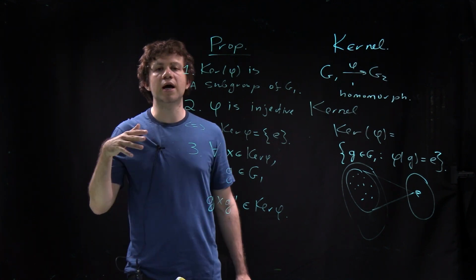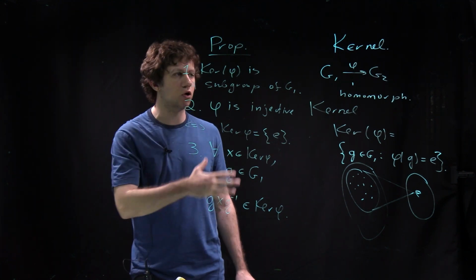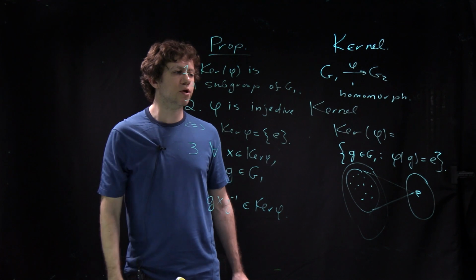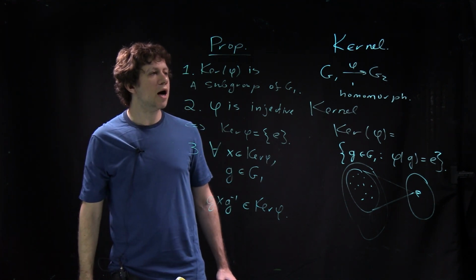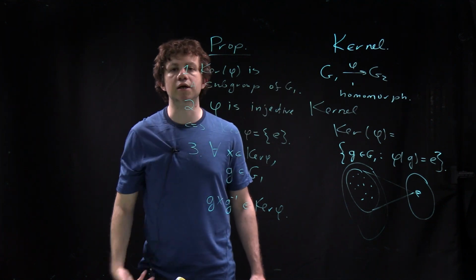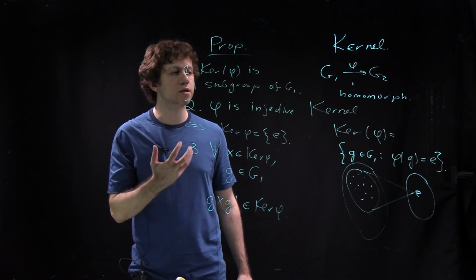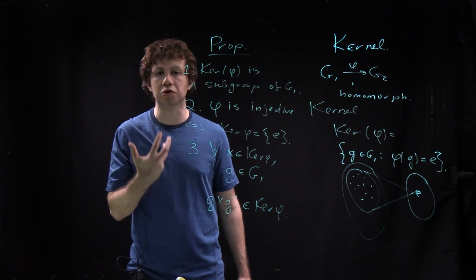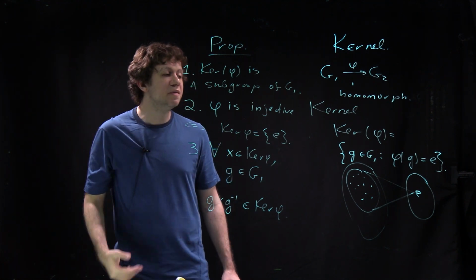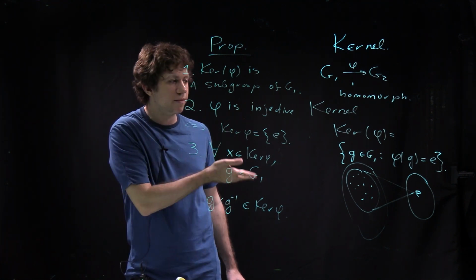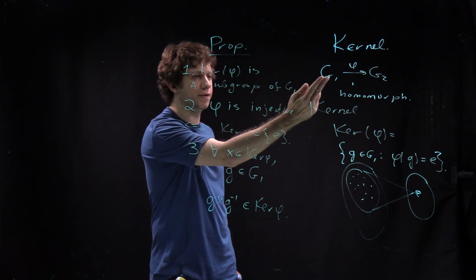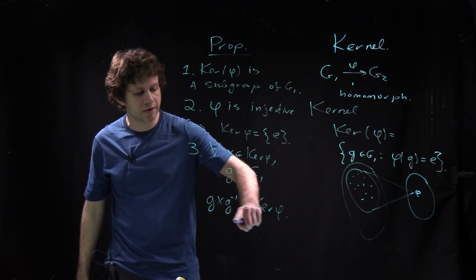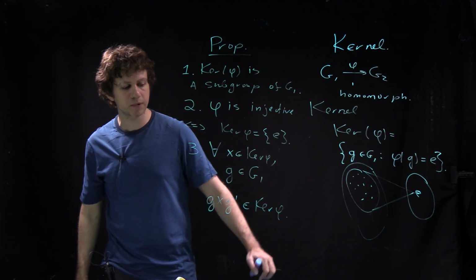So if you have a homomorphism from S4 to S3, you don't need to know how you label the elements of the set you permute. You will still be able to talk about its kernel, which is a subgroup. So if some element is there and you relabel, it should still be there. So the kernel should be invariant under conjugation.